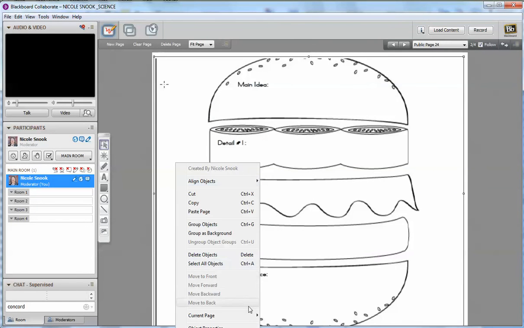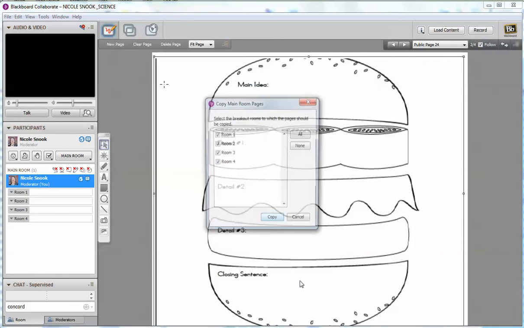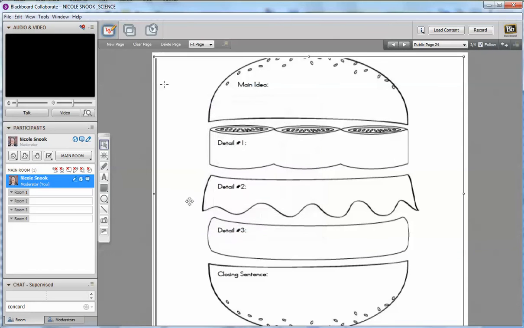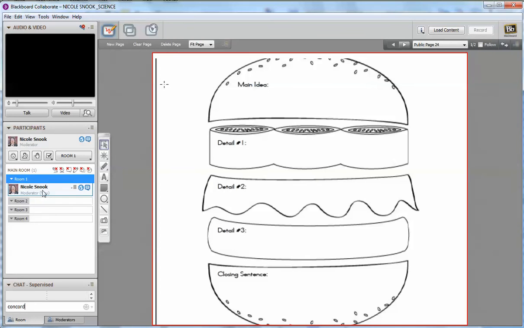I would copy this particular page to those 4 rooms so that when the student traveled into that room, that image is already on the board, as I demonstrate going into each one of the rooms.